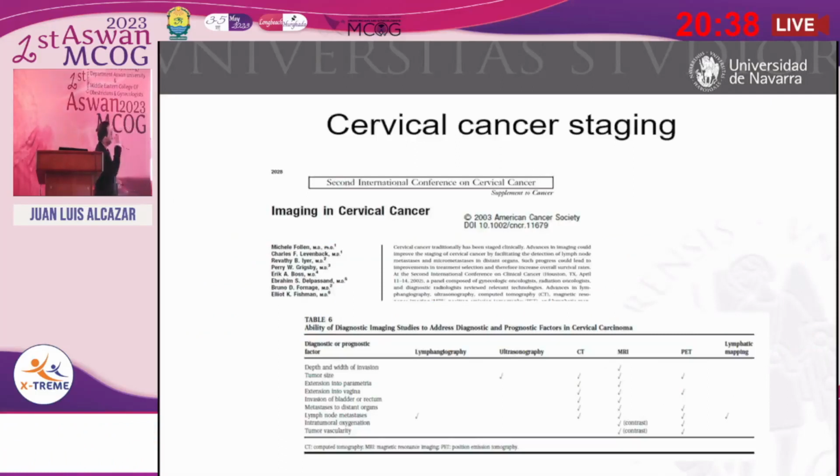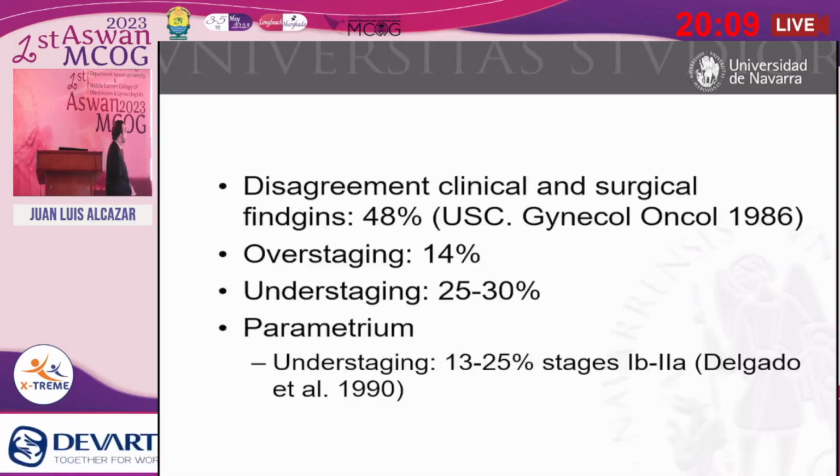And then we move to cervical cancer. If you look at what was said 20 years ago regarding ultrasound in cervical cancer staging, you see ultrasound only for measuring tumor size, but MRI is the best technique to detect everything: lymph nodes, parametrial infiltration, and so on.